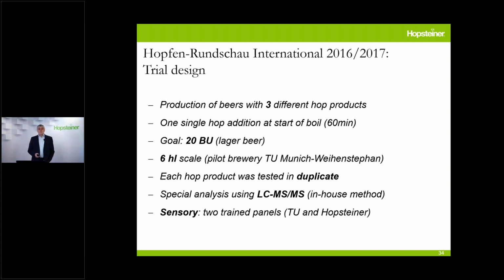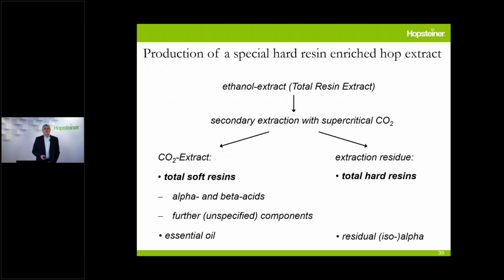Each hop product was tested in duplicate, and we did the special analysis using the LC-MS method that I mentioned before, and the sensory tests were done by panels at the Technical University and our own panel. And for these studies, we produced a special hop product, which was enriched in hard resins. We started with ethanol extract, having all the total resins.